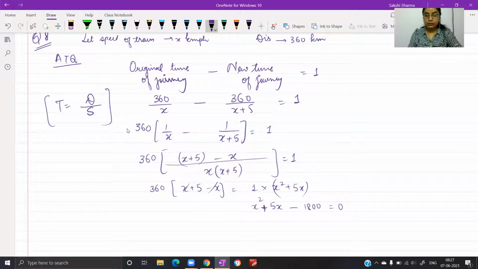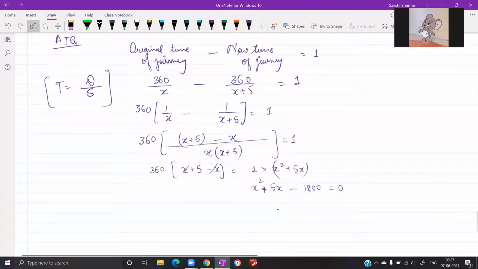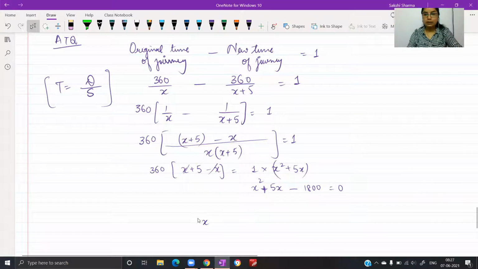What would you prefer using for this quadratic equation to find your answer? Factorization or the quadratic formula? Quadratic formula. Answer is 40 kilometers per hour. Okay, what are the two factors? Can you tell us the factors formed? Okay, you have done it with the quadratic formula, beta?